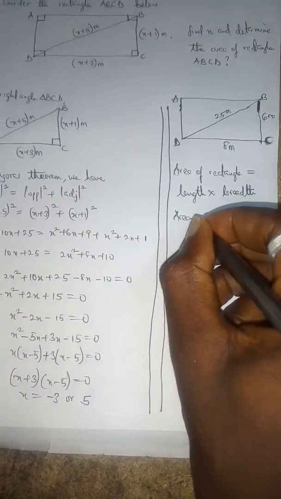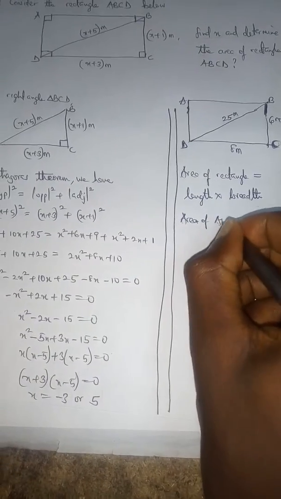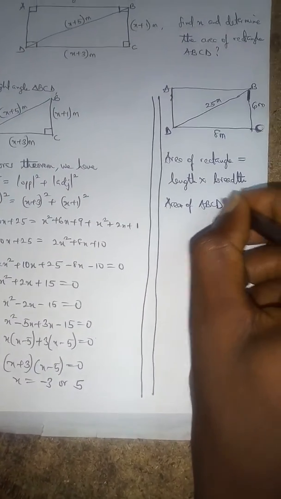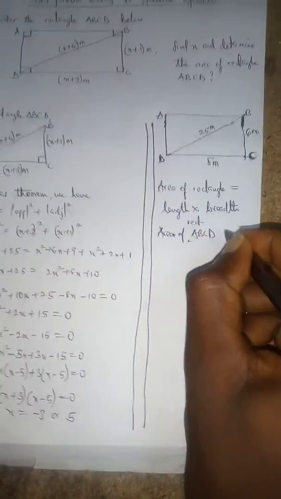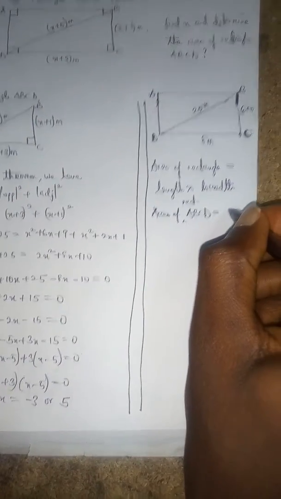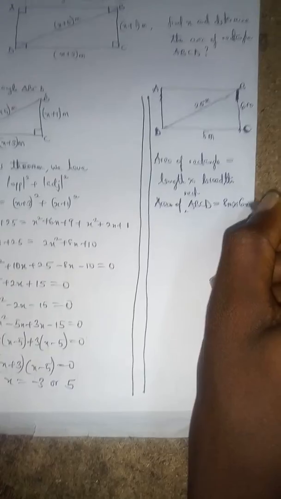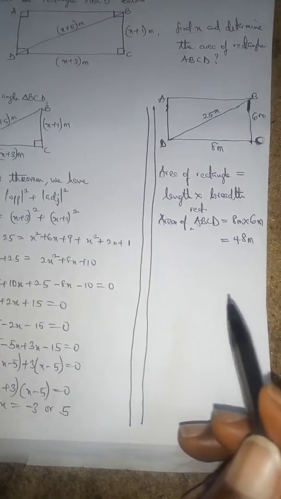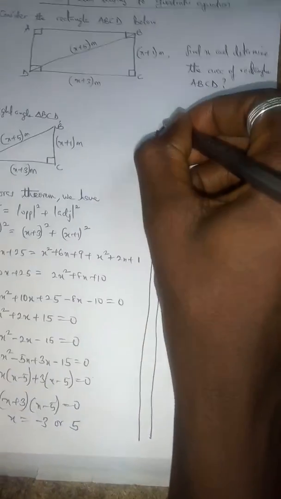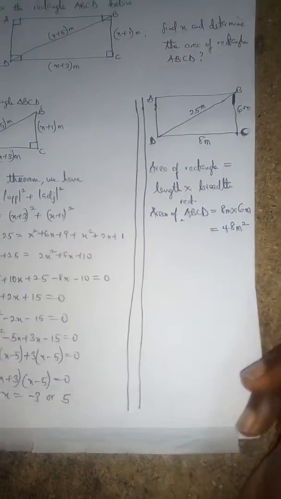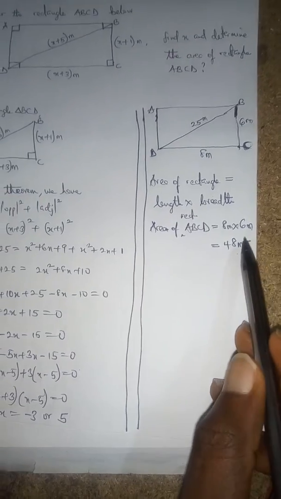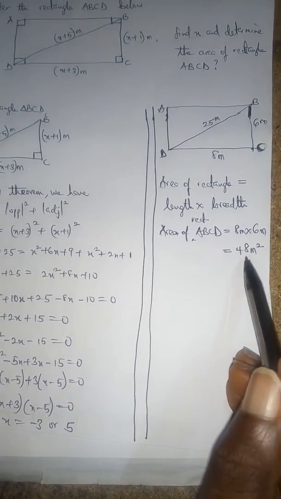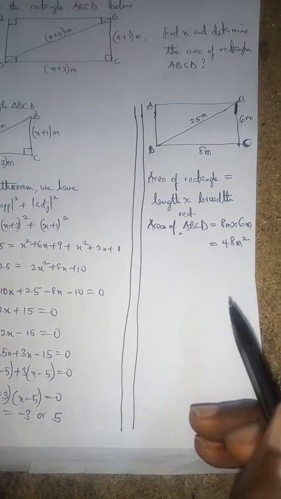So our area of rectangle ABCD equals the length, which is 8 meter, multiplied by the breadth, which is 6 meters. That is 48. So the area of the rectangle is 48 meters square, because for every area it has to be in square units, and we are given meters, so this is going to be in meter square.